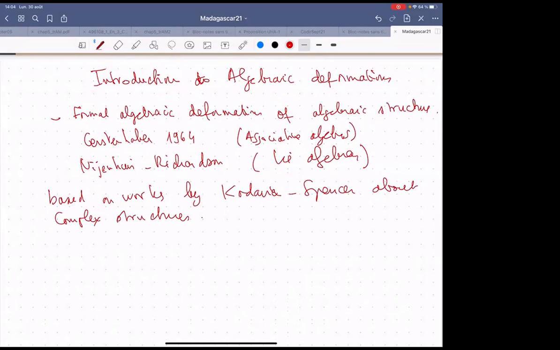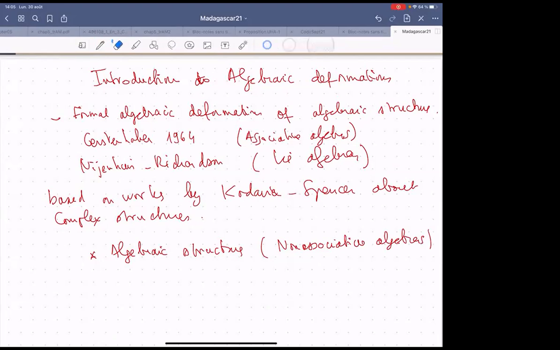What we need first is the object we would like to deform, and these are algebraic structures. This could be any non-associative algebra. I will come back to this later.